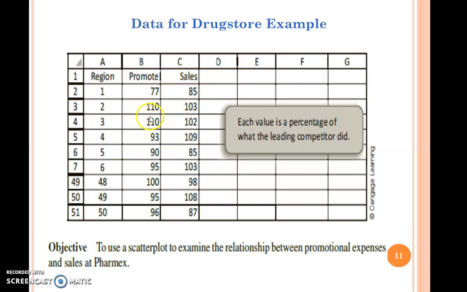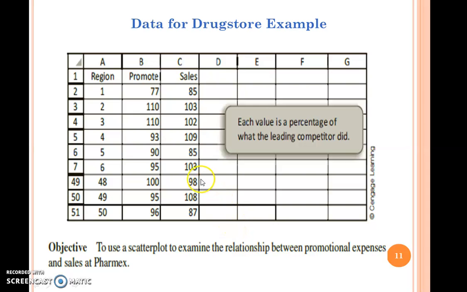If it is 110, sales can be 103, or 102. So there is some random variation here, but around 90 there is a huge variation: by giving 77 you get 85, and by giving 90 you also get 85. After 90, you get a large jump: 95 to 103, 100, 98. Looking at these two variables, there are no linear variations; it is random variation.